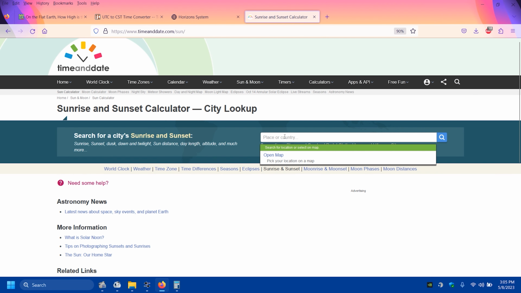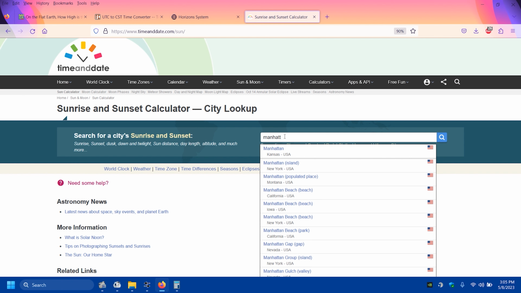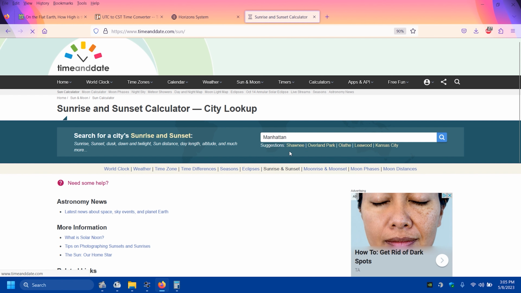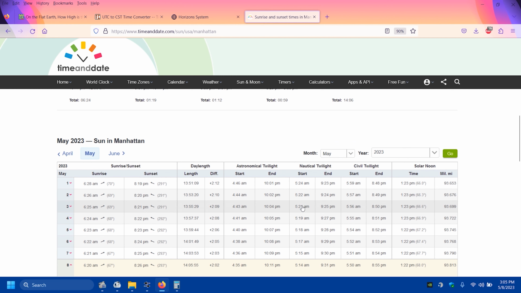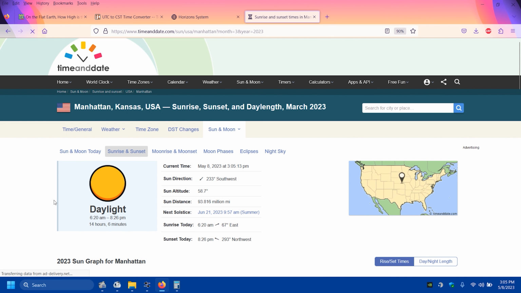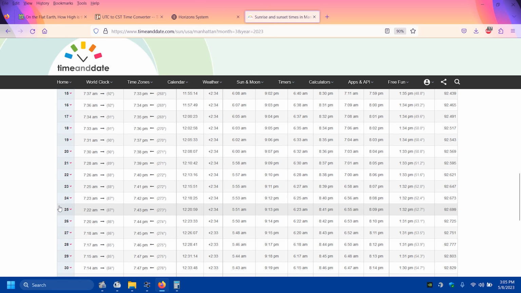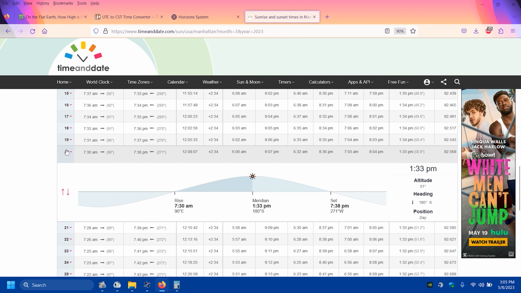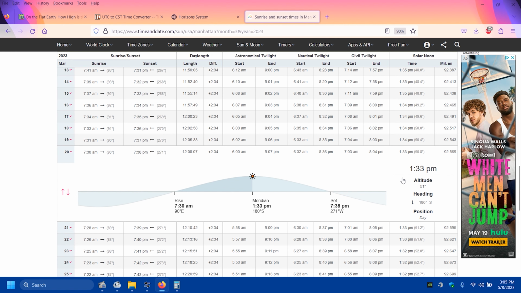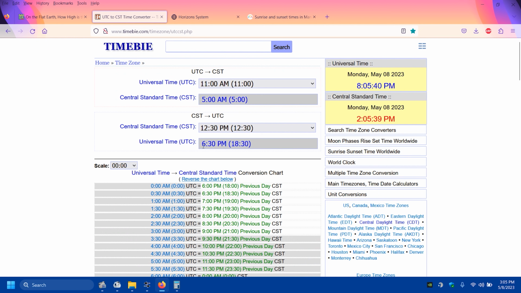So I go Manhattan, Kansas, and then I go March 20th. Okay, so it's at 1:33, but the altitude is 51. We're in daylight saving time, so it's really 12:33. So in UTC time, 12:33 would be 18:33. Okay.